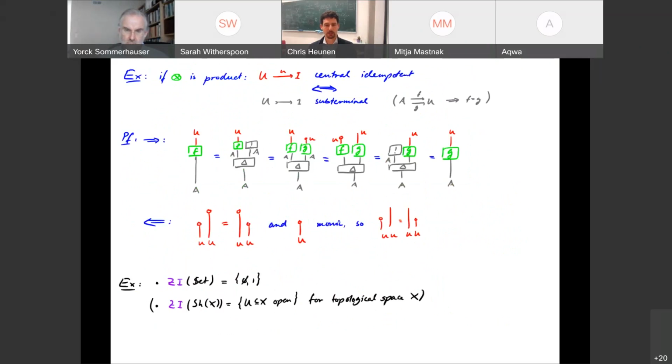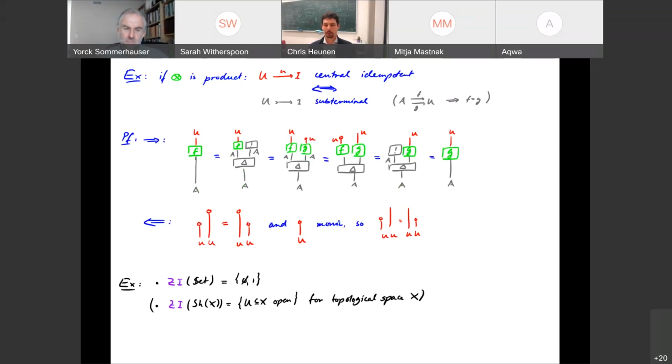Right. Now let's get to some examples, because that was all relatively dry theory. First example I want to talk about is, last time we had as an example of a monoidal category, a Cartesian monoidal category, where the tensor product is actually a categorical product, a Cartesian product. For example, in the category of sets, that happened.